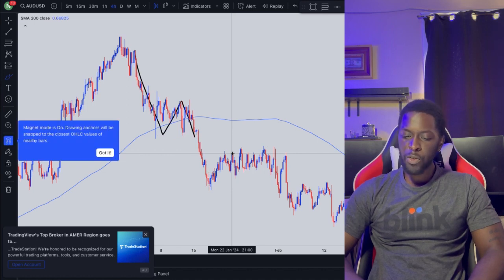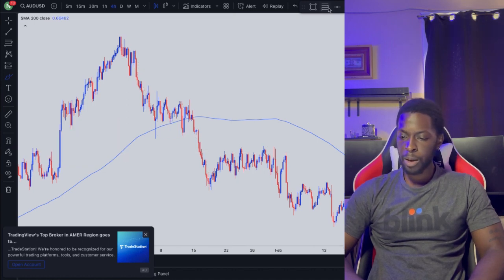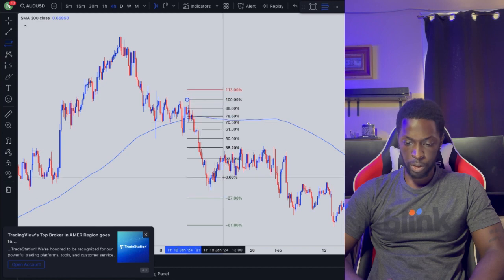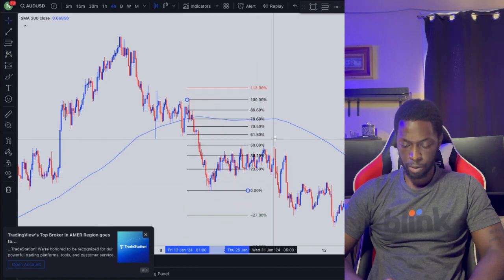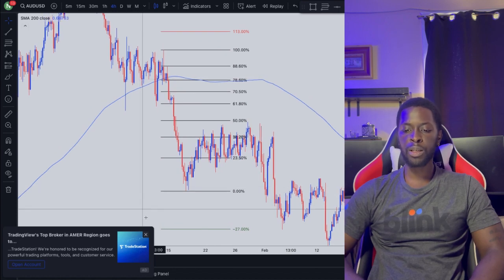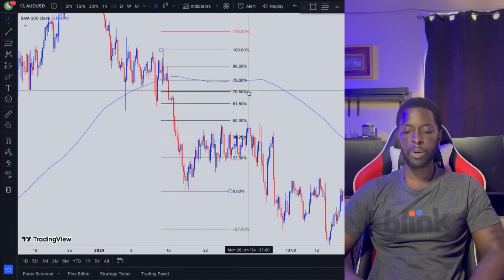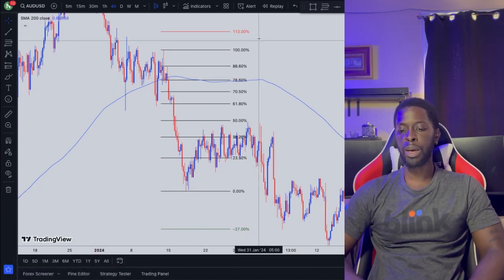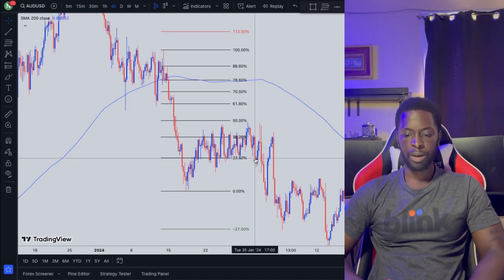Now, what you're looking for with the Fibonacci is a pullback to one of your levels. One of your levels that are marked right here. So as you can see, if you're using the default Fibonacci, you're not going to have the 70, the 78, or the 88, or the 113, the negative 113, the 23. I don't know if the 23 is there. I can't remember.